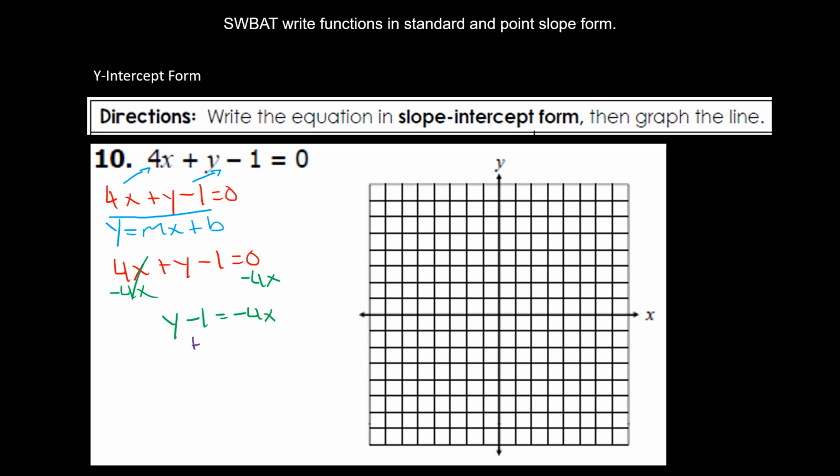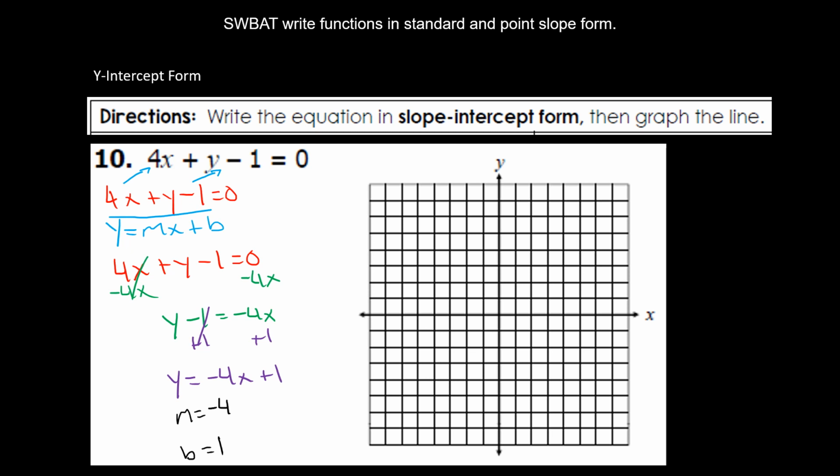To do that, we need to add 1 to both sides. These simplify out. We have y equals -4x plus 1. This would be where our m, our slope, would be -4, and our b would be 1.